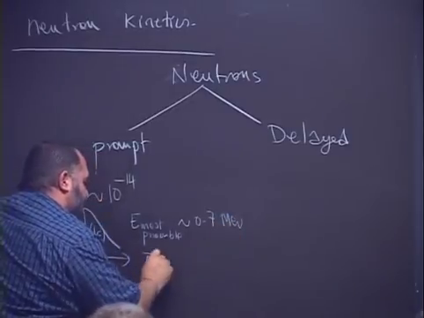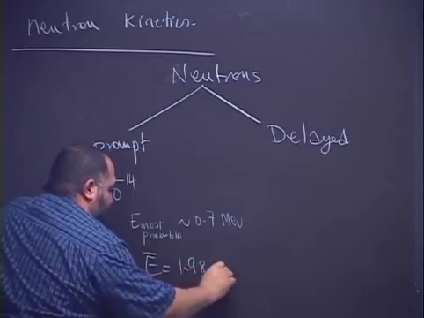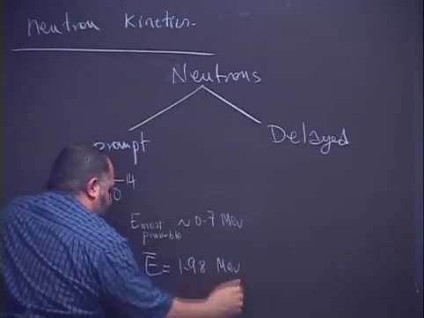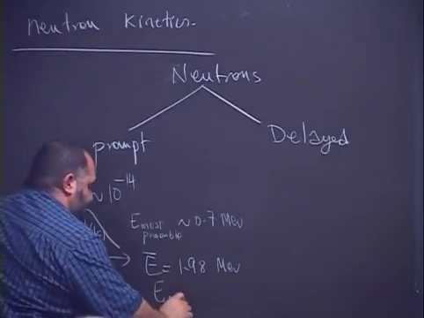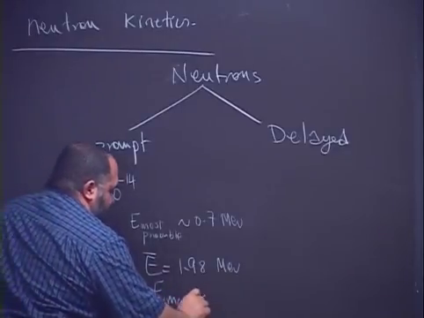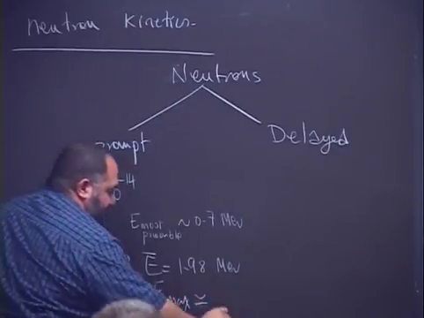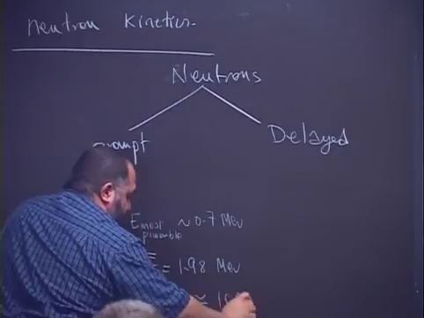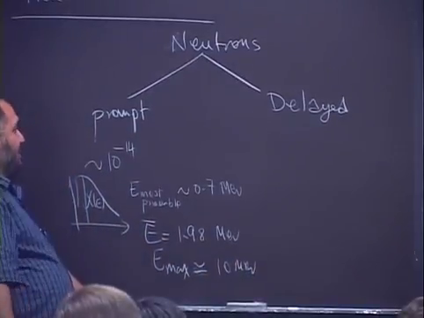And if you look at the E average, it is around 1.95 million electron volts. The E maximum sometimes goes to a few neutrons with almost 10 MeV, but very rarely. So this is the characteristics for the prompt neutrons.